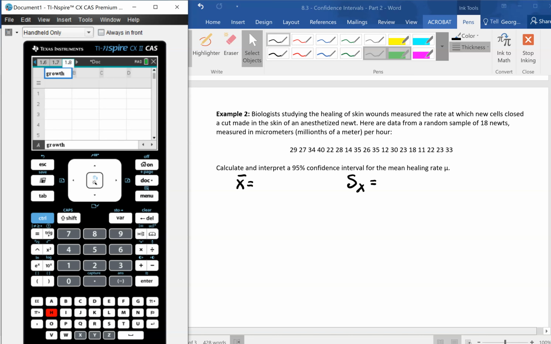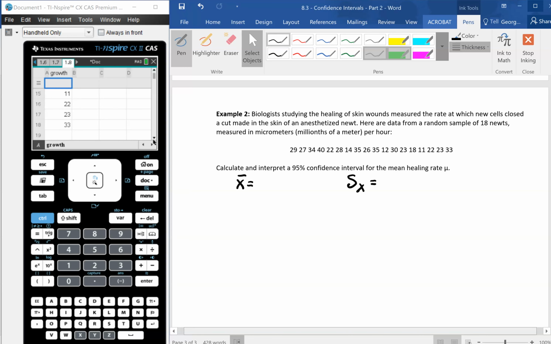If I put that in as growth, I hit enter. Magically, the calculator remembers the numbers for me, so I don't have to type them back in. But just like we did on the last problem, scroll through, proofread, double check that everything you typed in is correct and that you have the right number. They tell us there's 18 newts in the problem, so we better make sure we have 18 values over here. And we do. So that's putting your data in.